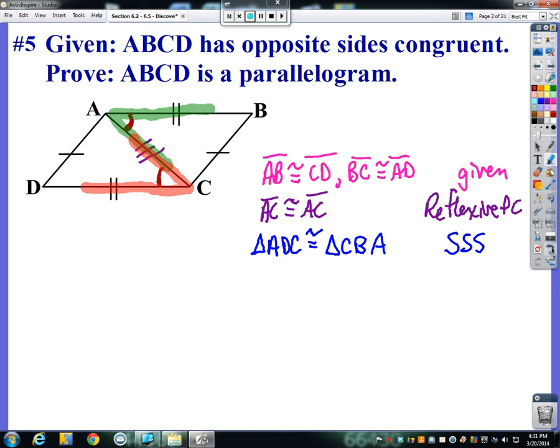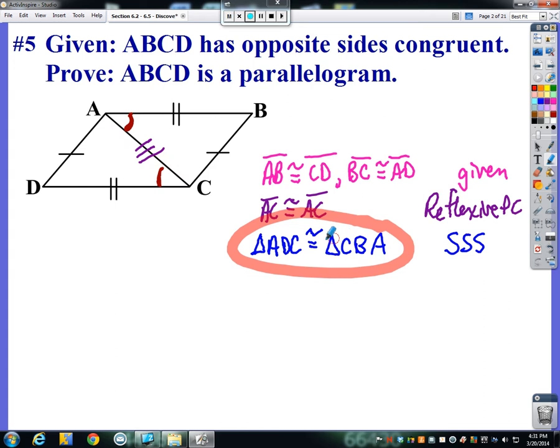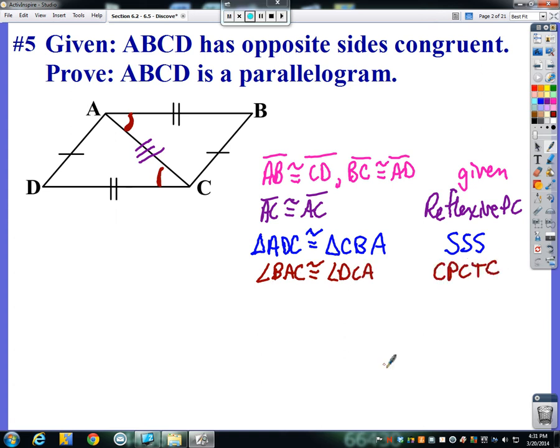So those 2 angles are corresponding parts of congruent triangles. Therefore, we may mark them as congruent. So we can say angle BAC is congruent to angle DCA by CPCTC.